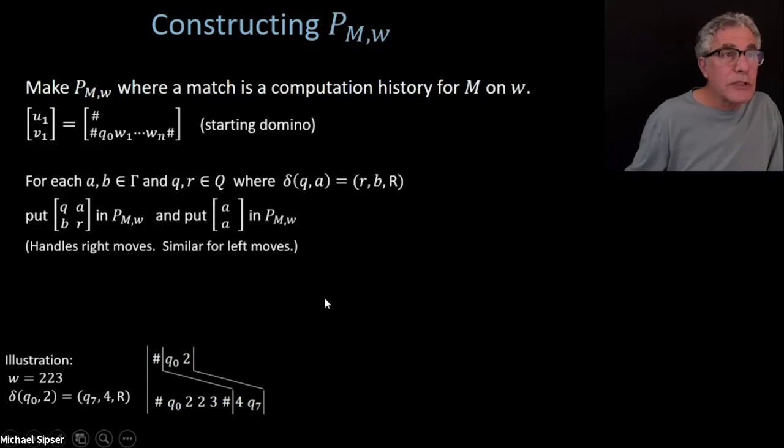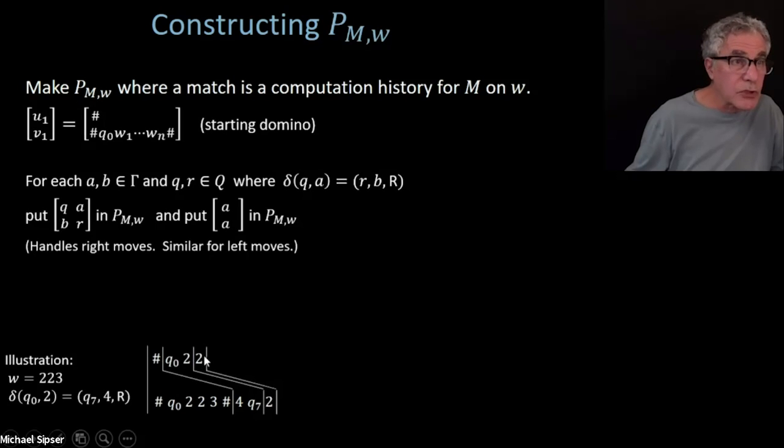So I'm going to have additional symbols in my dominoes in my collection. For every tape symbol A, I'm going to have AA be a domino in my collection. So there's going to be a 2-2 domino.